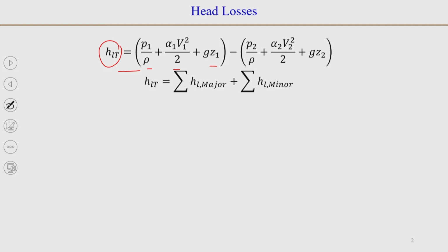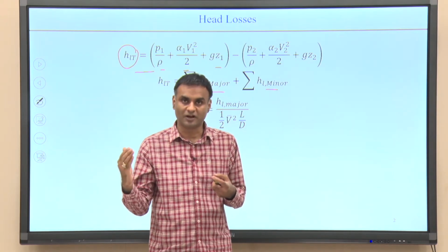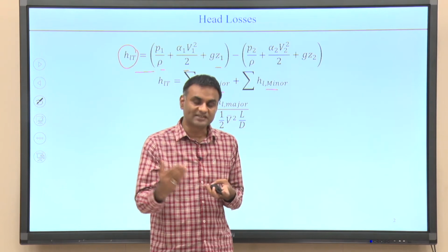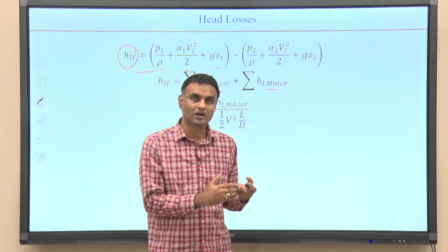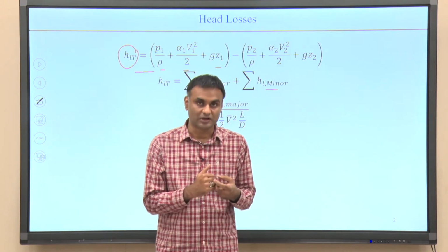Now, we could divide this head lossage into two parts. One is what we call major lossage and another one is minor lossage. Major lossage we discussed: in a pipe of constant cross sectional area where the flow is fully developed, the total frictional lossage is what we call the major lossage, and the pipe is horizontal.